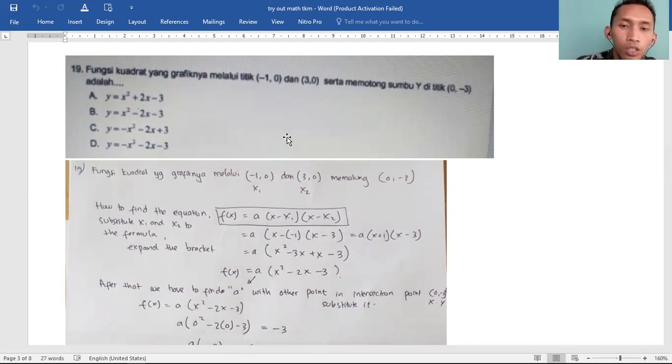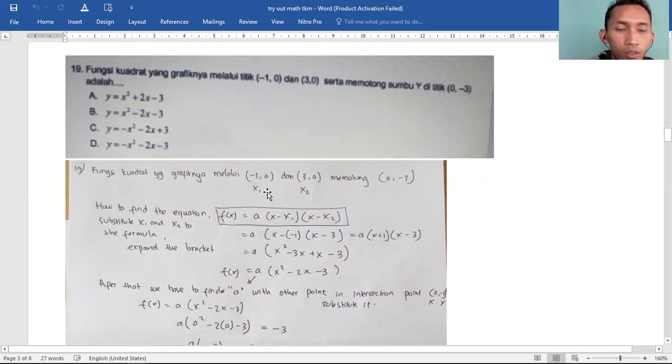In this class, you just know about x1 and x2, right? So for x1 and x2, if we put them on the points on the Cartesian diagram, they are -1, 0. This is x1 and this is x2. So you find the equation by putting this -1 and 3 into the factorization.